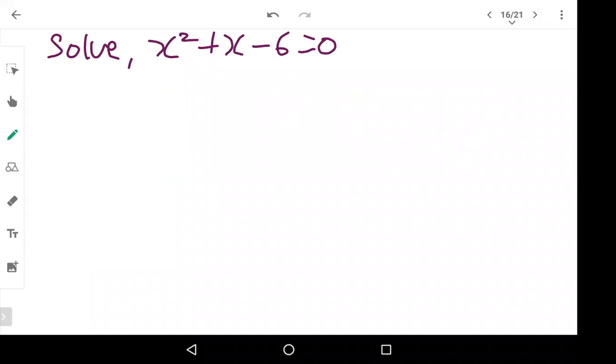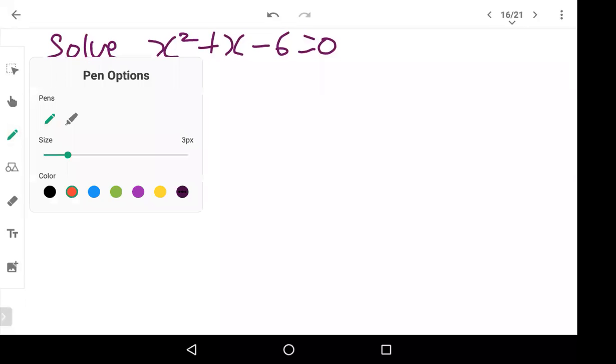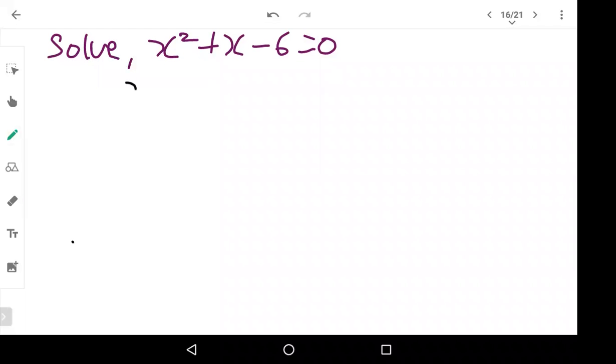Okay, the next question is x square plus x minus 6 is equal to 0. Firstly, we will derive what is a, b and c. Now say me what is a? 1. Okay, what is b? 1.